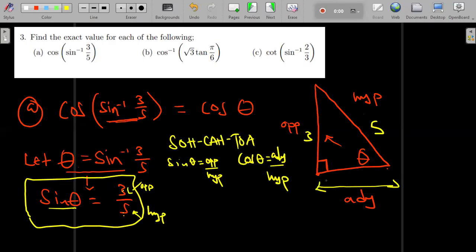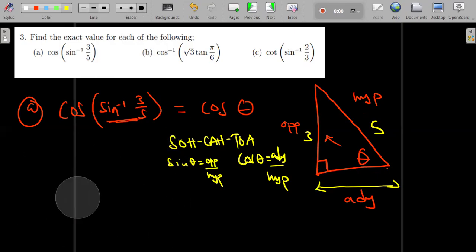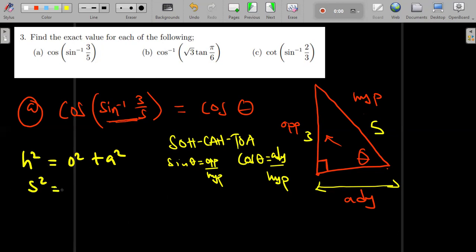We are going to use the Pythagoras theorem. We know what the Pythagoras theorem states: the hypotenuse squared is equal to the opposite squared plus the adjacent squared. So the hypotenuse we have is 5, squared, is equal to the opposite we have, 3 squared, plus the adjacent that we don't know, squared.